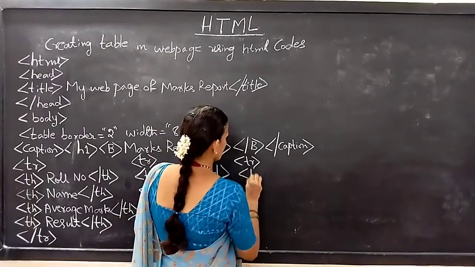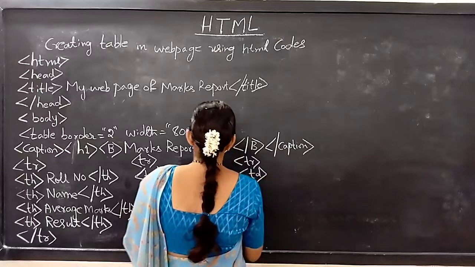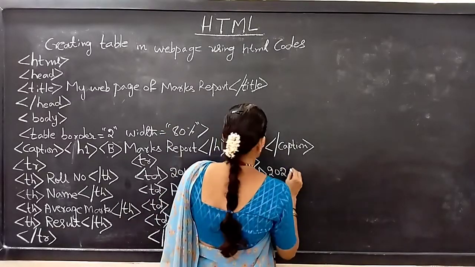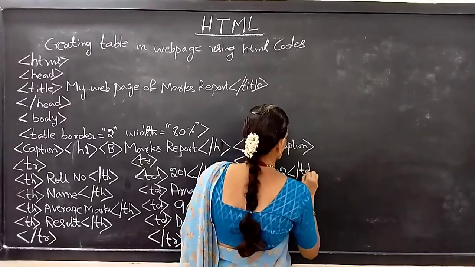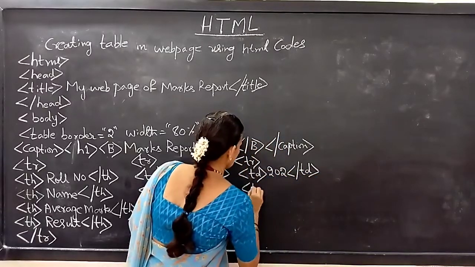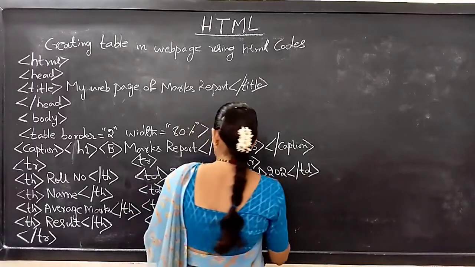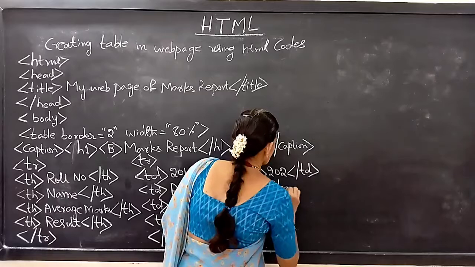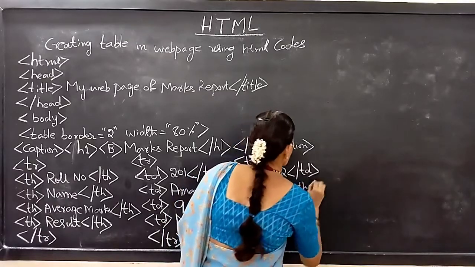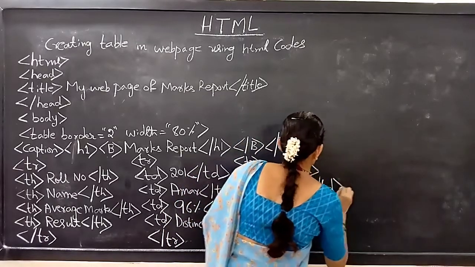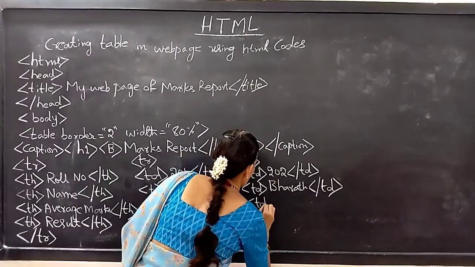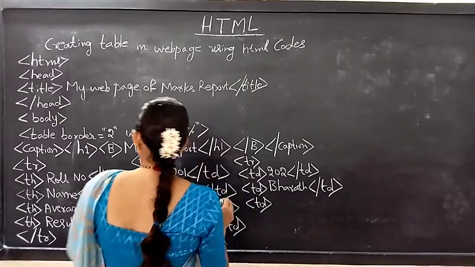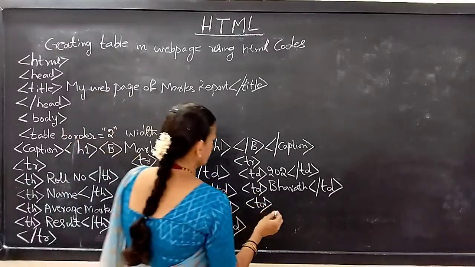Next, continue writing the information of the next student. TR, start with the TD, then we'll write the next roll number, 202, then TD. Again next we'll write the name as some student, TD, and then average marks.